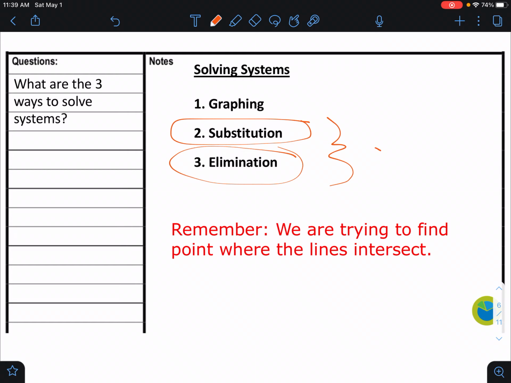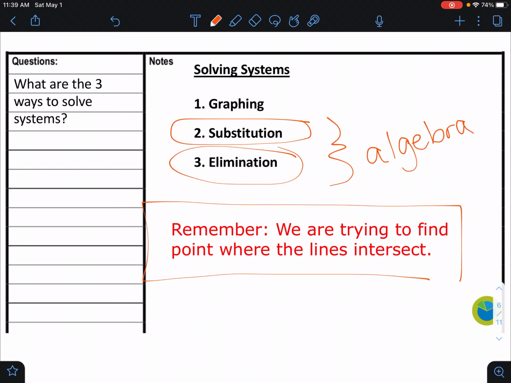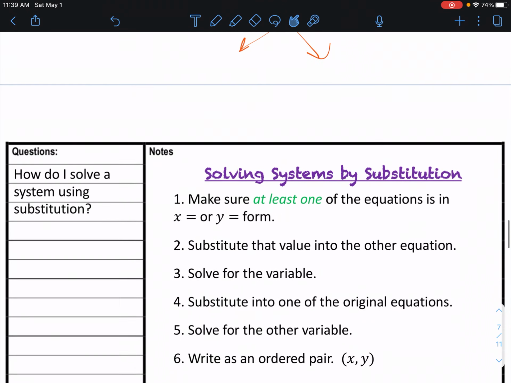These two use our algebra skills to come up with the place where they intersect. And remember, that is really what we're trying to find: where the two lines cross. This time we won't have a picture, but we're still looking for that point. We can use algebra to find that, and that's what we're going to do today with substitution.